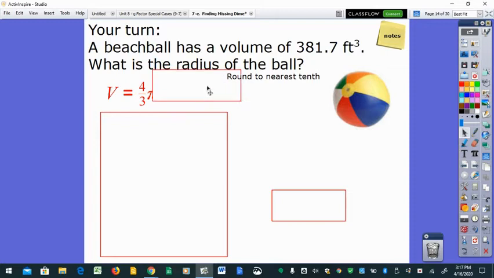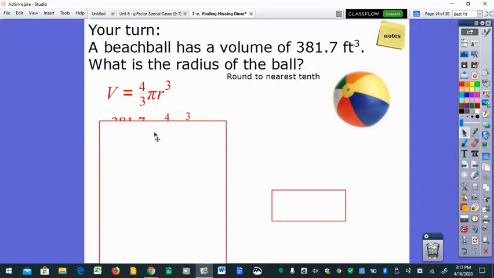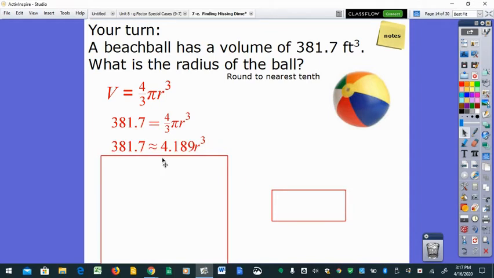I'm going to get my volume formula for a sphere. And I'm going to take 4 divided by 3 and multiply it by pi, and this is going to look familiar because we're doing that same math again that we did on the last one. That right there, the 4.189, is 4/3 times pi, and that always exists inside of a sphere formula.